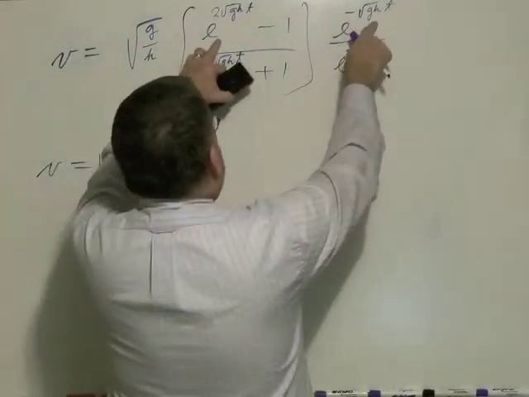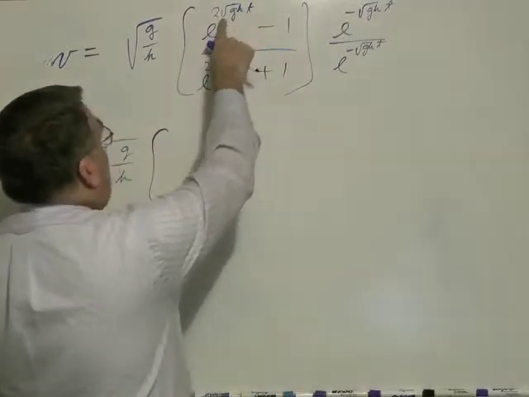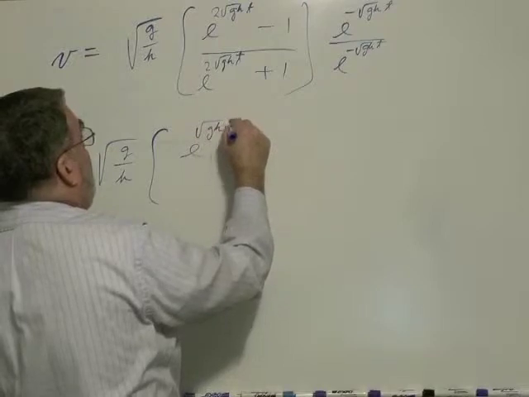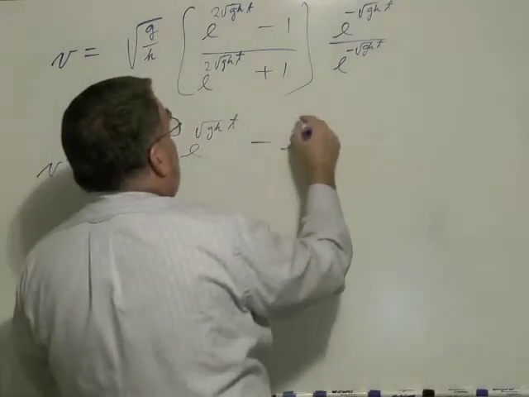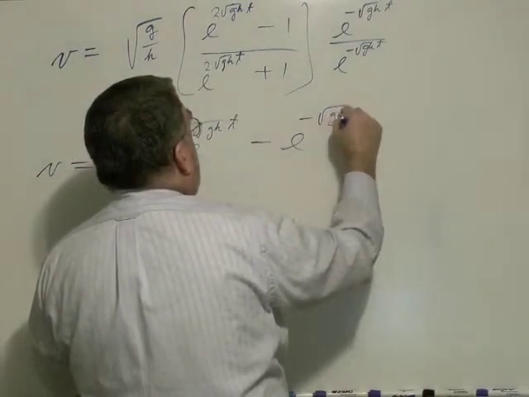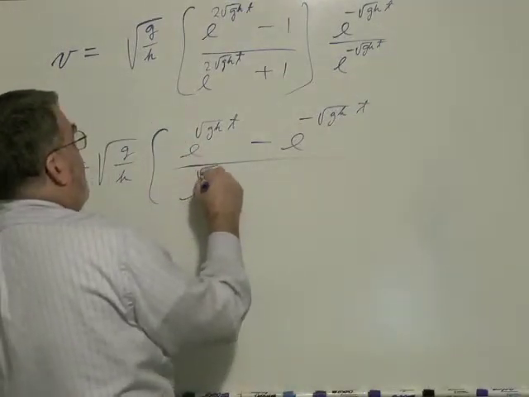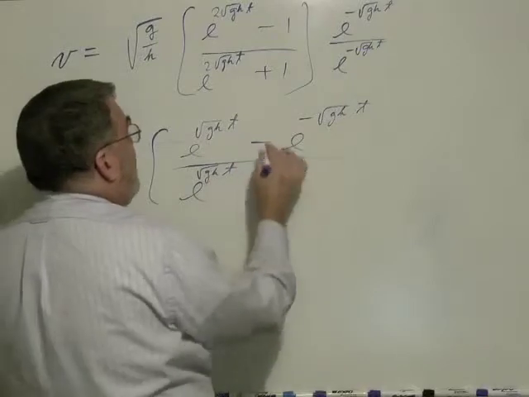And when I multiply here, one of these cancels off, so I have e to the square root of gk times t minus e to the negative square root of gk times t, all divided by something rather similar, except there's a plus sign.